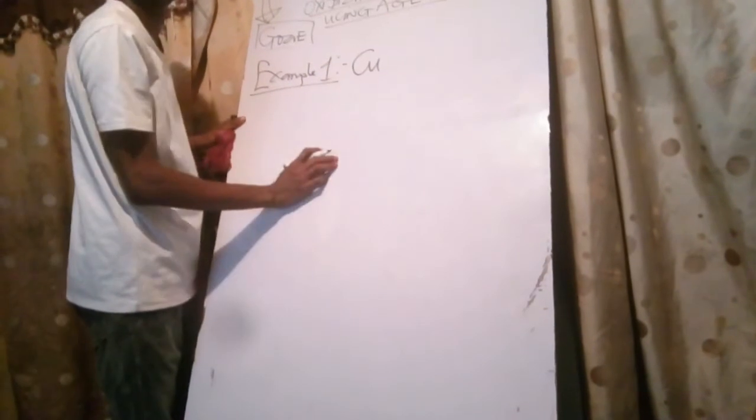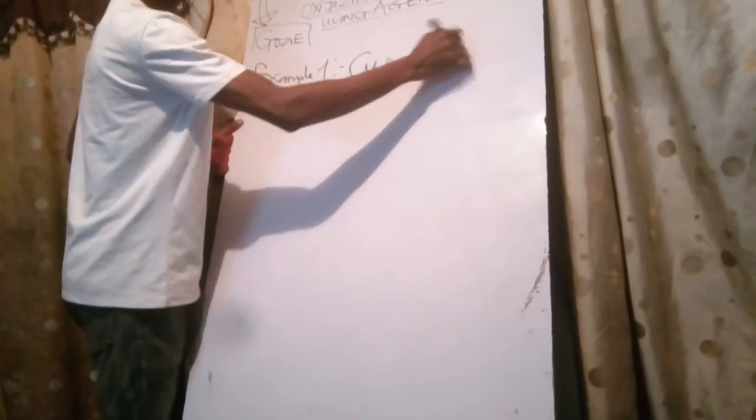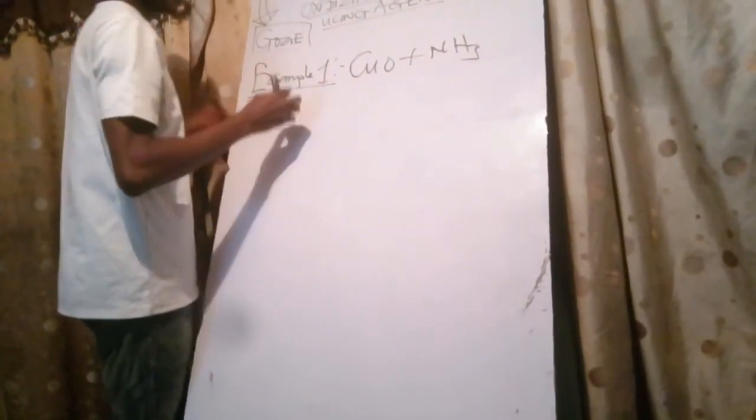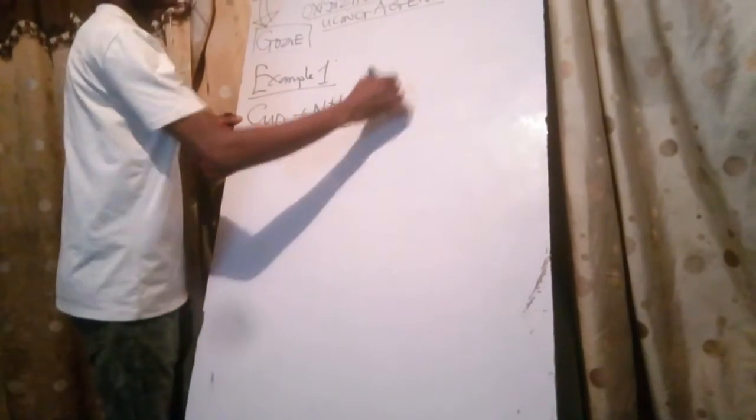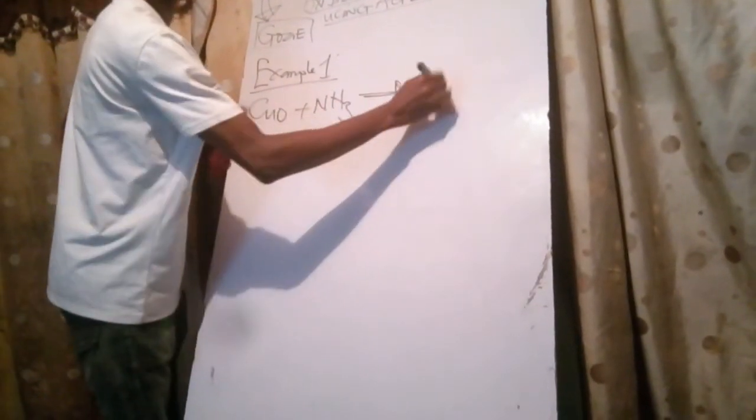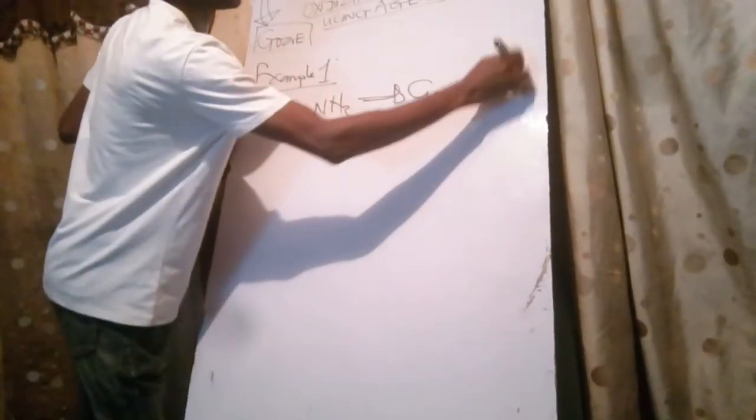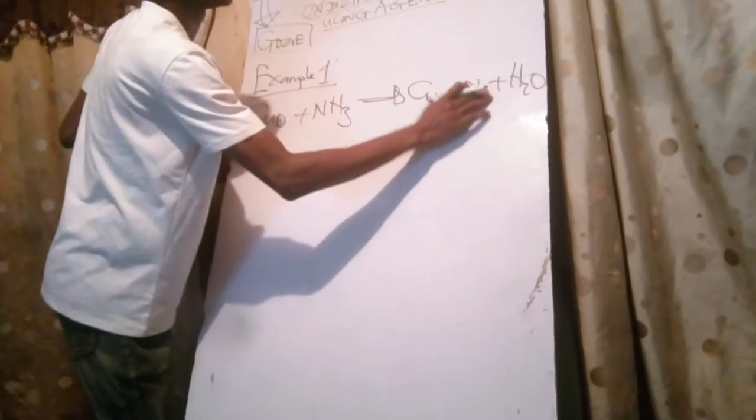We'll take an example. Example 1, look at this reaction: copper oxide plus ammonia giving you copper plus nitrogen gas plus water.